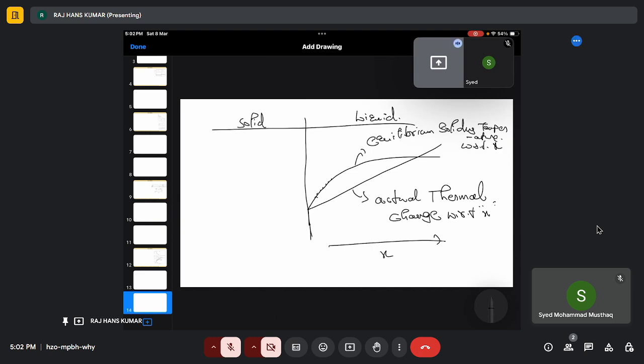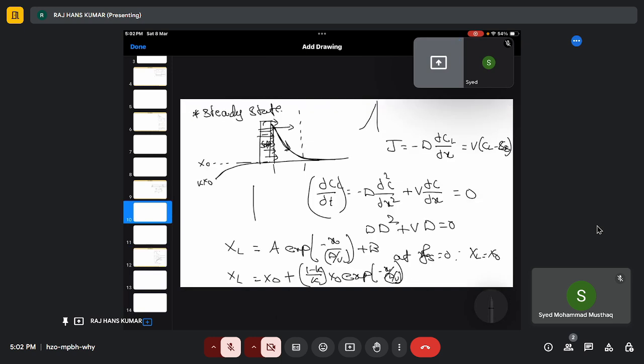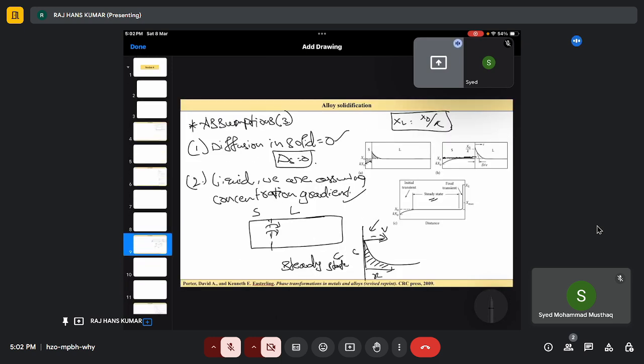And because the concentration of liquid keeps on changing, if suppose there is a perfect mixing, the composition of liquid keeps on changing. So that means the equilibrium solidus line will also change, right? So that is what we see here. Let me take to this phase diagram initially.